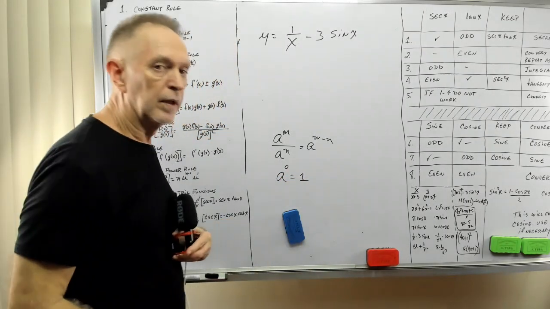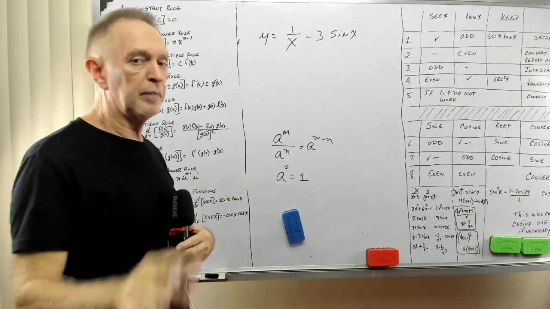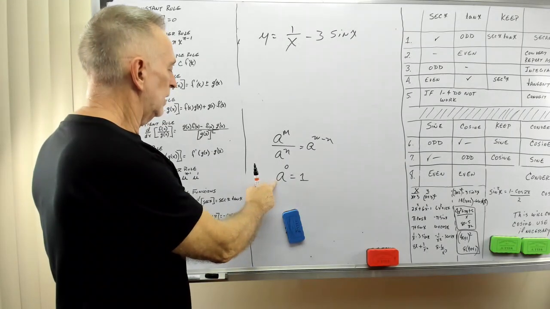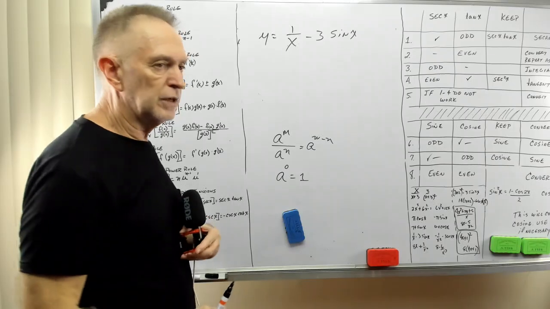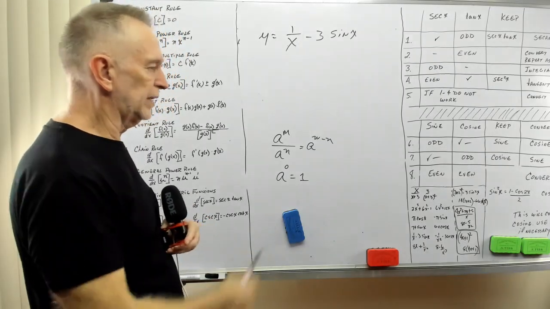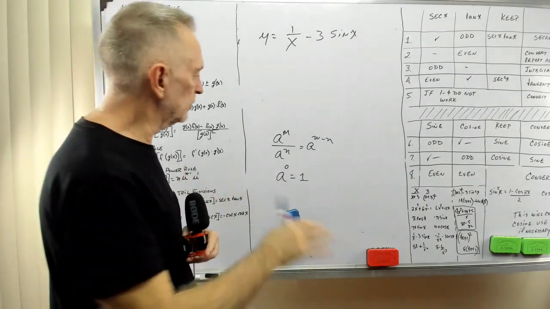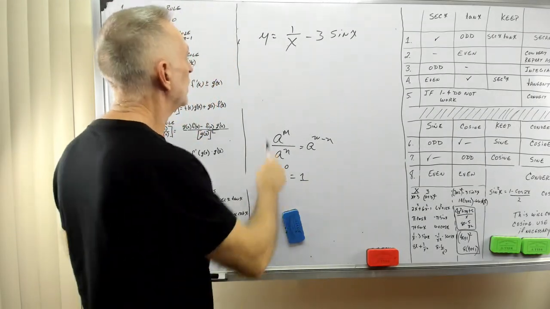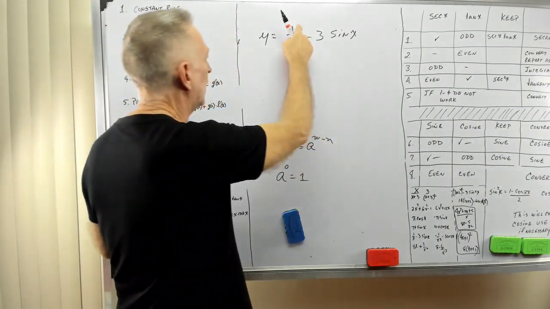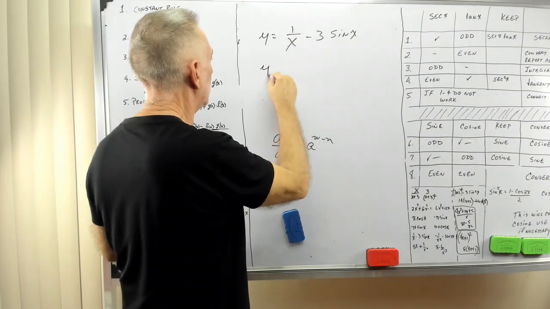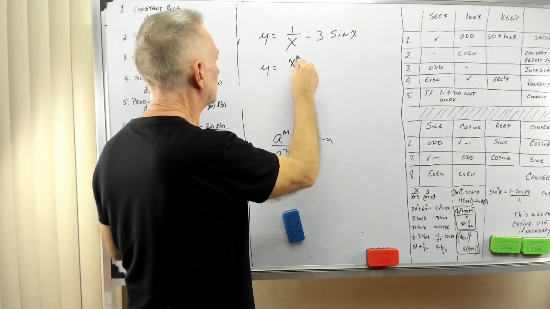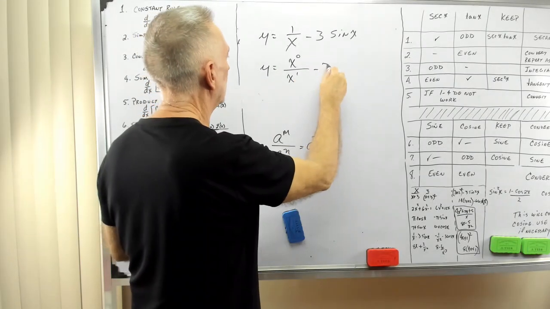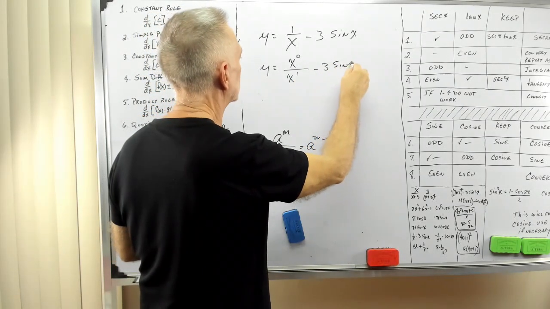Equals 1. Any number, and a can be any number. If I have 1,000,000 to the 0th power, it's 1. If I have 10 to the 0 power, it's 1. Doesn't matter. X to the 0 power is 1. So I can think about this 1. Rewriting this is x to the 0 divided by x to the 1 minus 3 sine x.